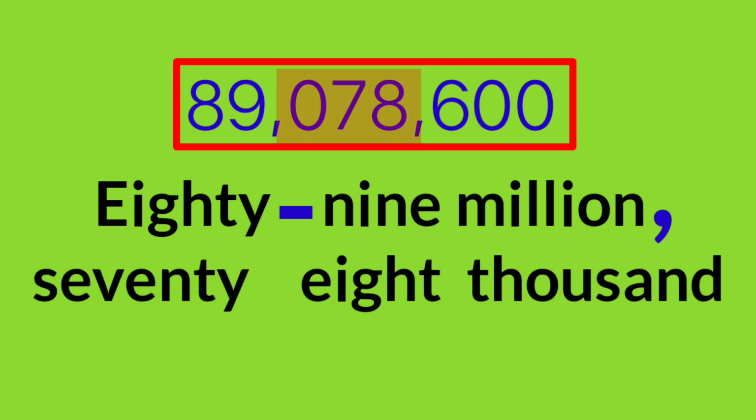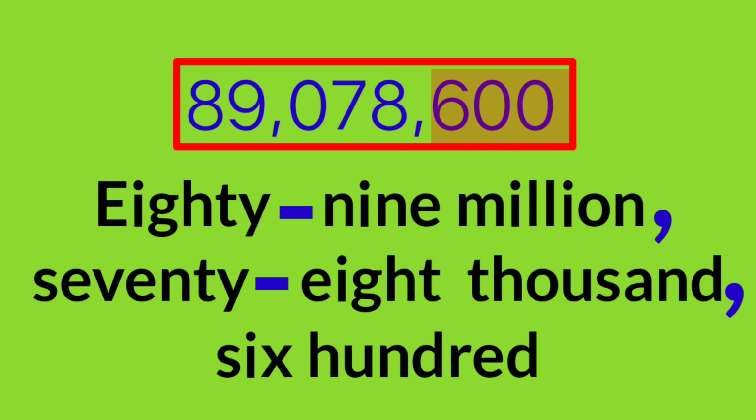Next, 78,000. 78 is two words, so put hyphen in between 70 and 8. Then after thousand, we have to put a comma. Then lastly, 600. This is how we write 89,078,600 in words.